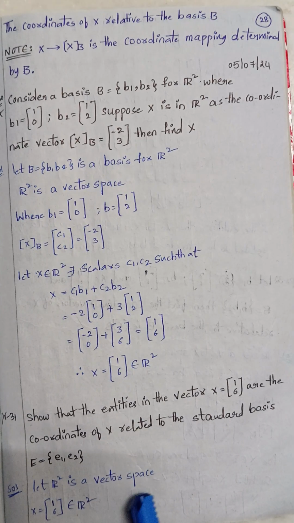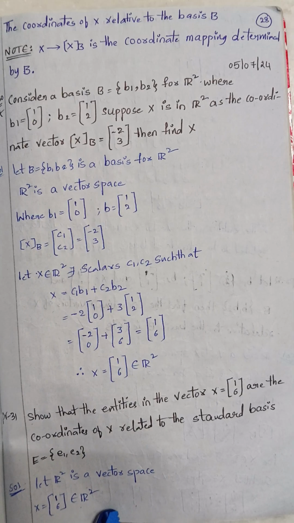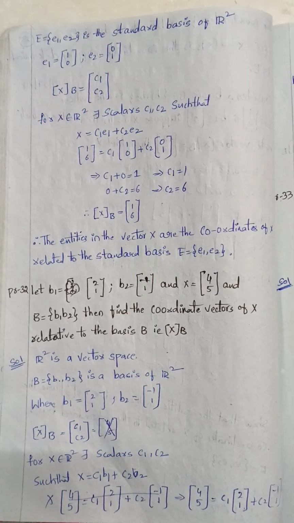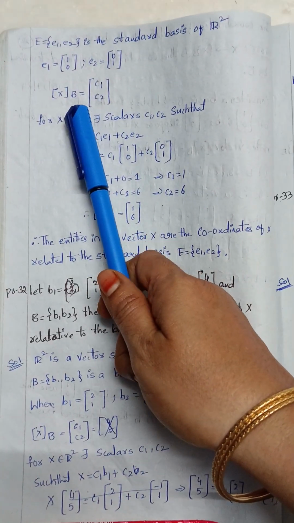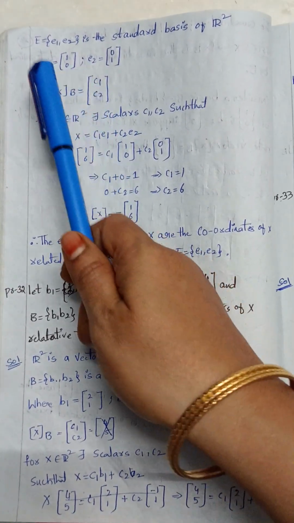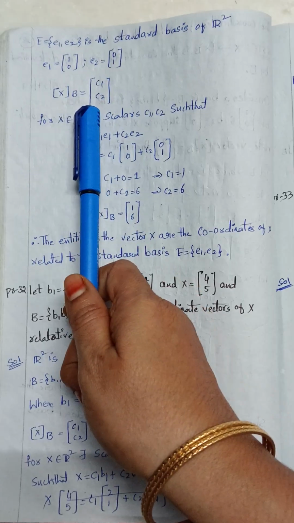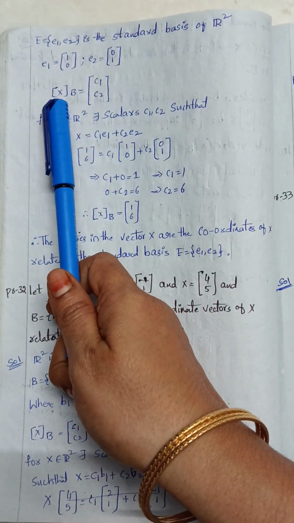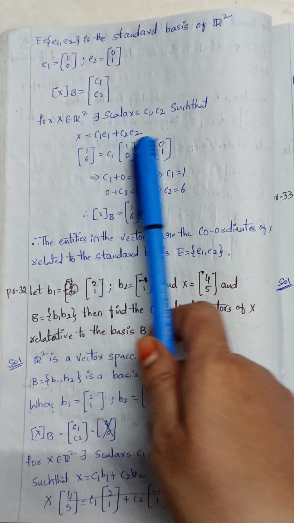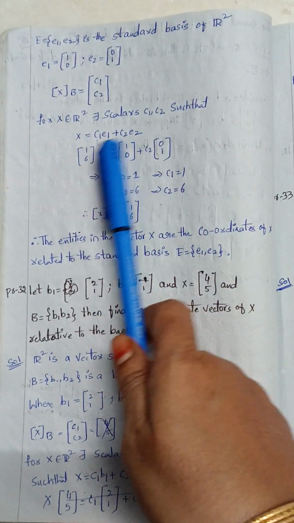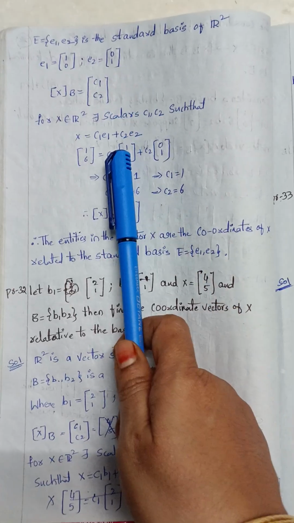So let us see: R2 is a vector space and x is any vector in R2. Then we need to find [x]_B. Take 2 scalars because here 2 vectors are given; that's why c1, c2 is nothing but [x]_B. Then x belongs to R2 means there exist 2 scalars c1, c2 such that x is c1 e1 plus c2 e2.